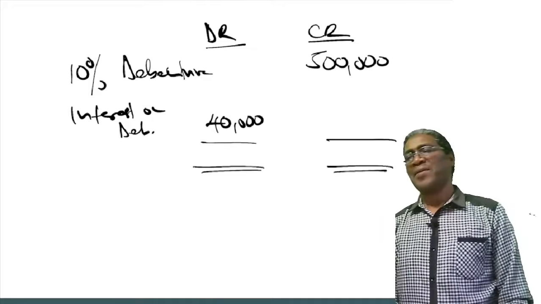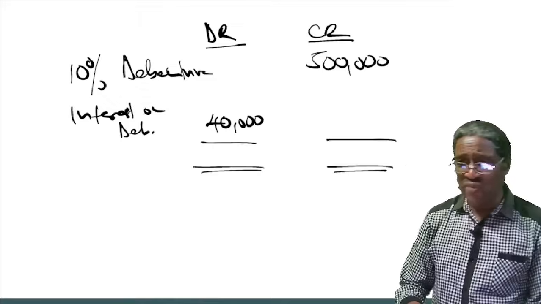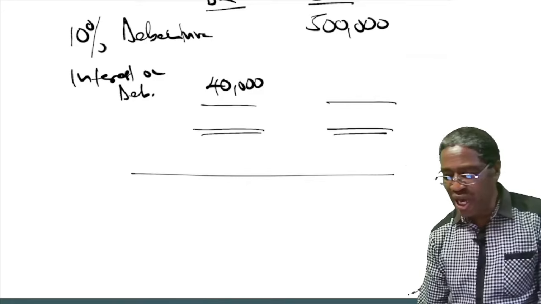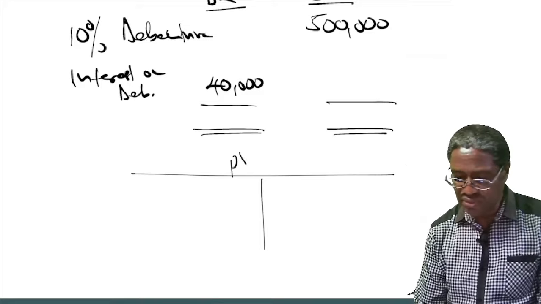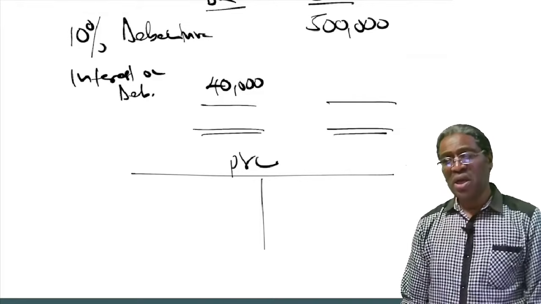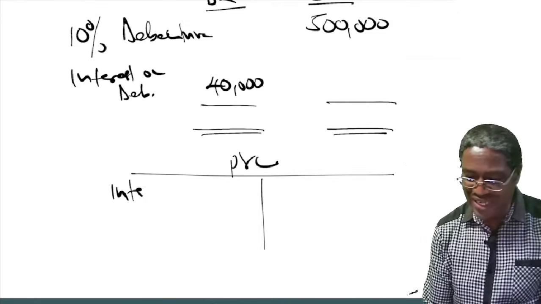Now, when you're given a trial balance of this nature, and you are required to prepare a P&L account, I want you to tell me how much you were charging in the P&L account as interest.